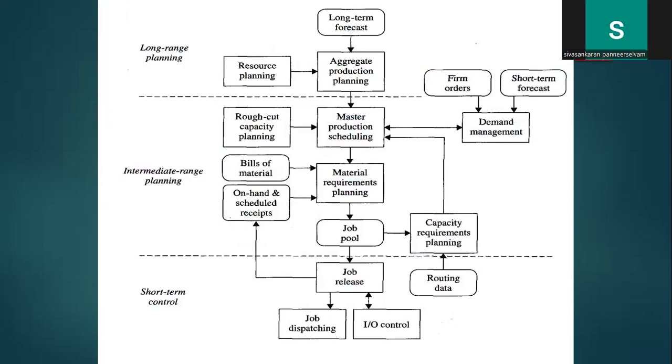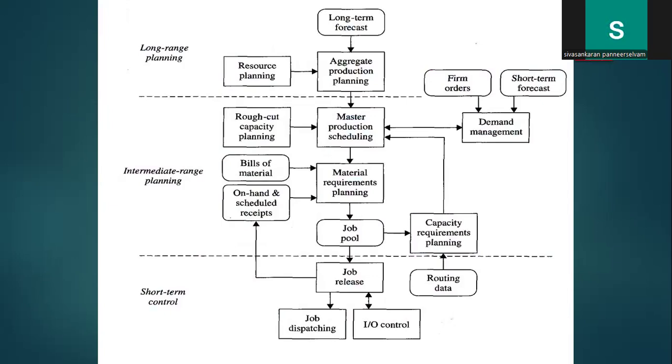Based on the aggregate planning, we need to arrange the resources like materials, machineries, men, and other financial resources that come under resource planning. So in long range planning, there are totally three modules: forecasting, aggregate planning, and resource planning. These are the three basic systems which strengthen the long range planning.